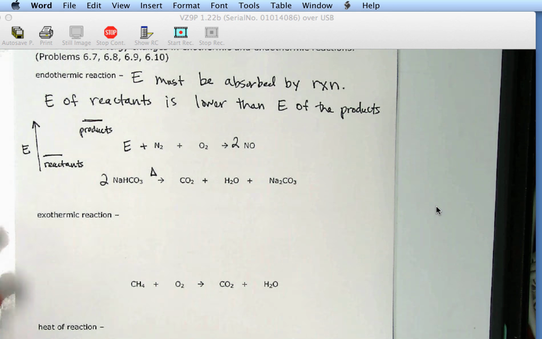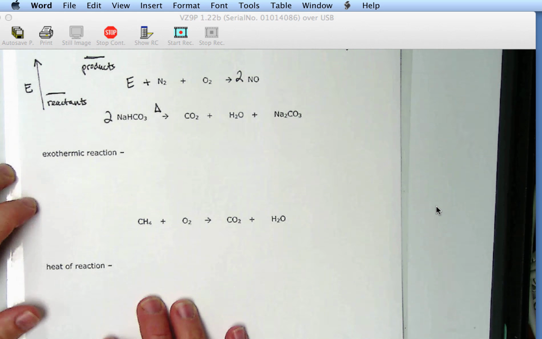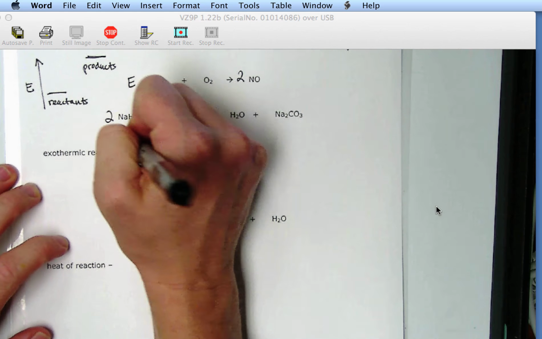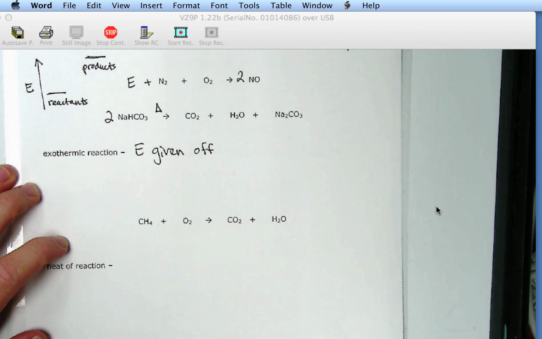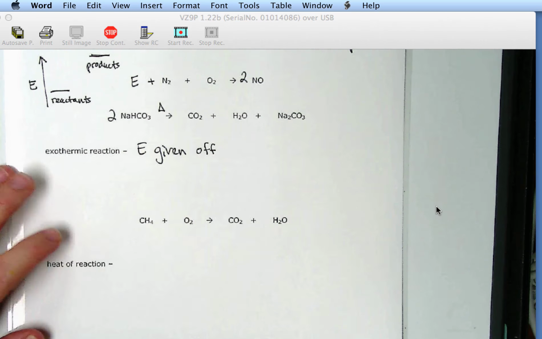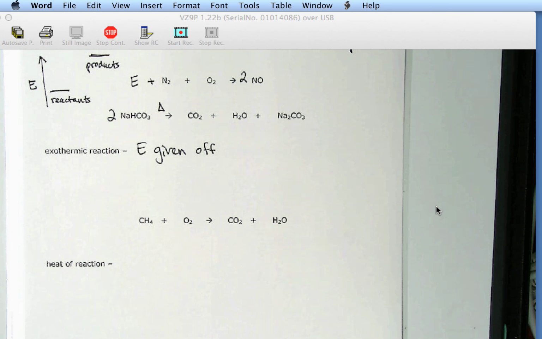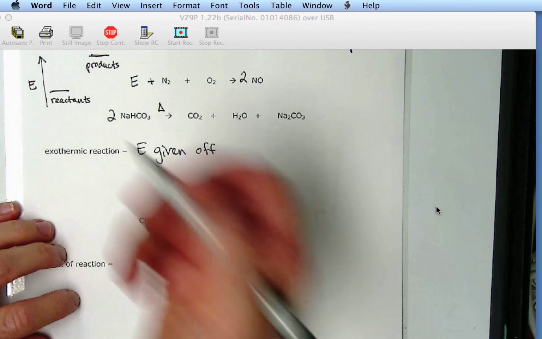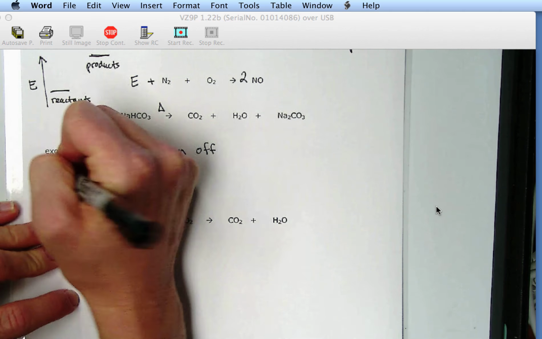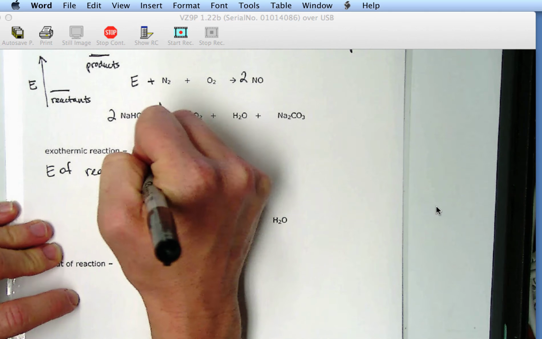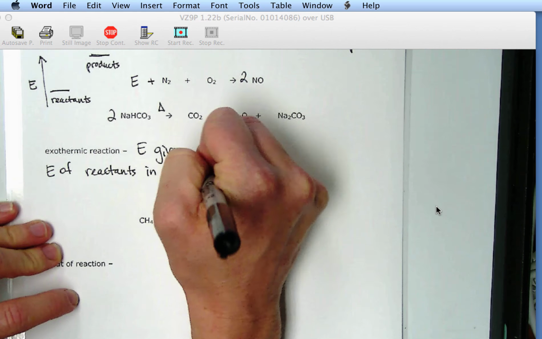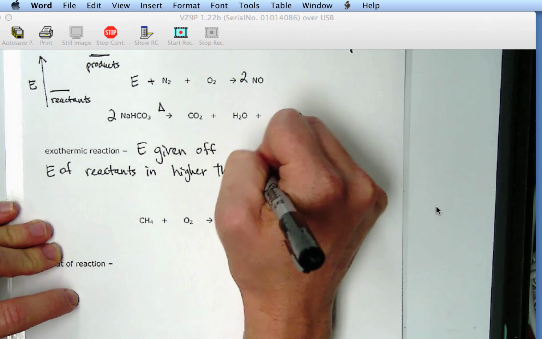An exothermic reaction, on the other hand, energy is given off. So that's kind of radiation. Right, radiation. So energy is given off. In this case, the energy of the reactants is higher than the energy of the products.